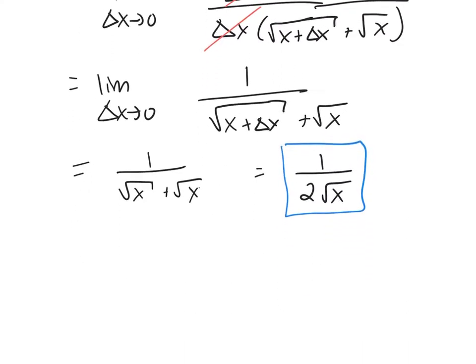Now I was asked to find the slope of the graph at 2 points, so let's do that part next. (1, 1). So what you're going to do is plug in here x equals 1 into your derivative formula to get the slope. So the slope is f prime of 1, which would be 1/2.